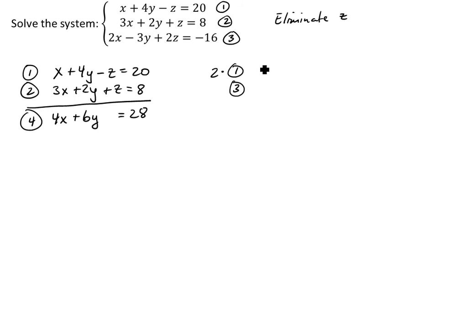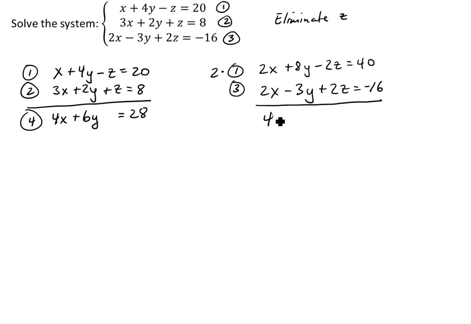So we end up with 2x plus 8y minus 2z equals 40. And equation 3 we don't need to change. We get 2x minus 3y plus 2z equals negative 16. Adding those two together, we get 4x plus 5y, the z's are eliminated, equals 24. So we're going to call that equation 5.